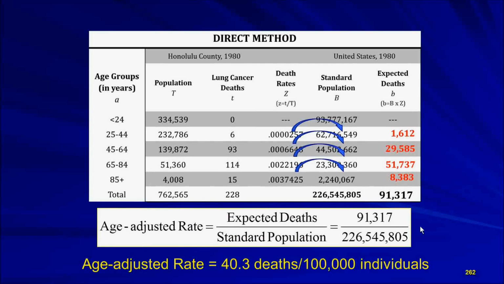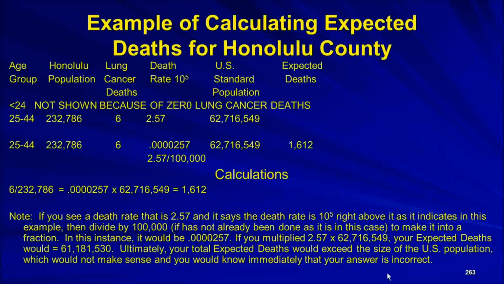So when we look at this, this is the standardization process, the standardized mortality age-adjusted rate is 40.3 deaths per 100,000 individuals. Okay, so we've done our adjustment. Now, what does it mean? Let's see whether we're going to get back to that.